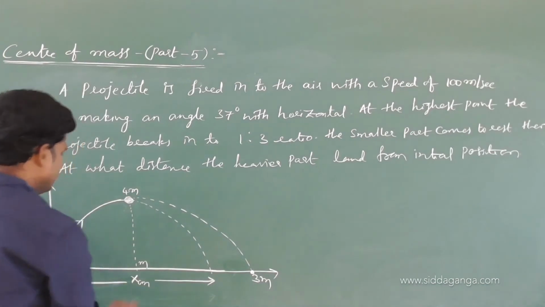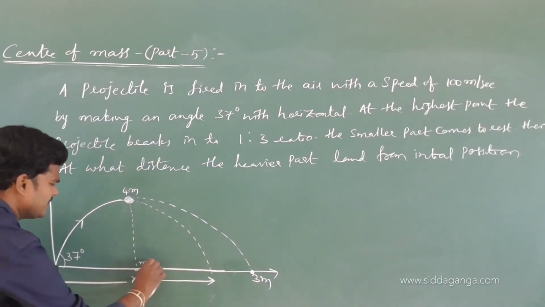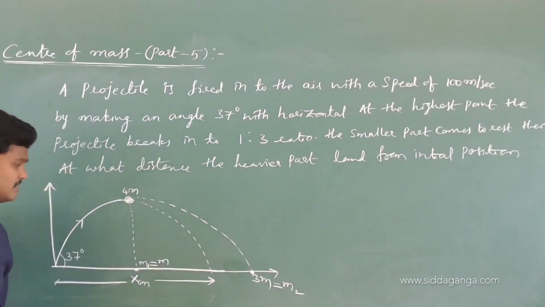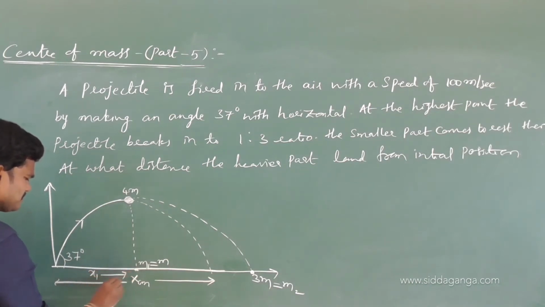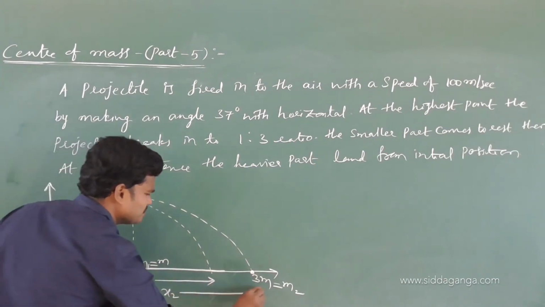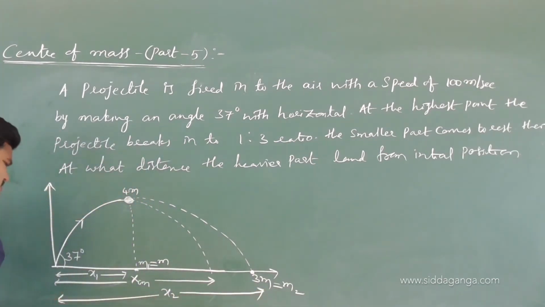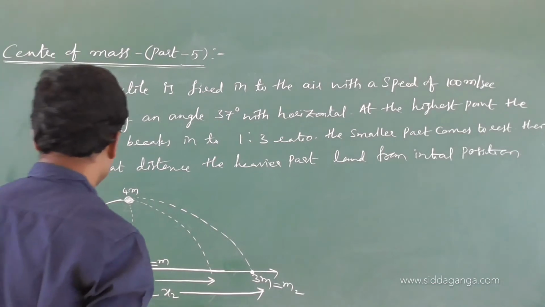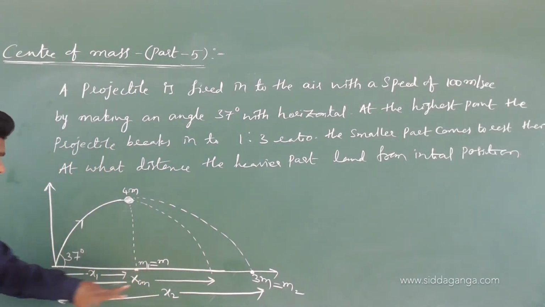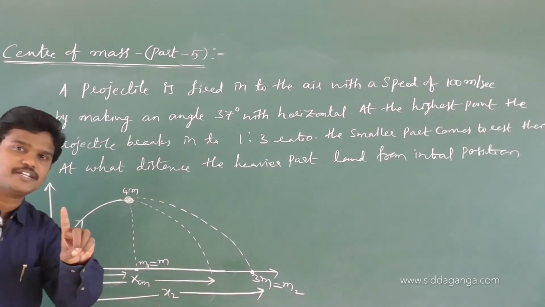This is the first particle, m1 is m, and the second particle's mass m2 is 3m. The coordinate of m1 is x1, and the coordinate of m2 is x2. The target is to find the x2 value.